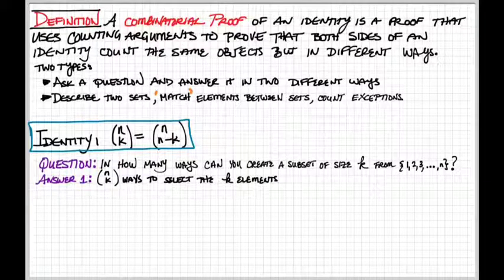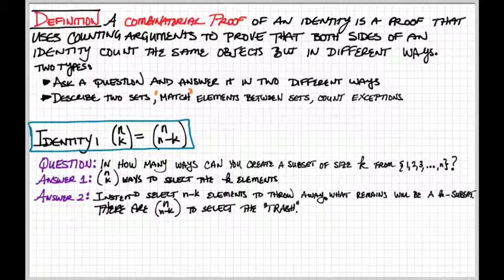Answer 2 we're going to do differently. This time, instead of choosing the objects to be in the set from the set 1 through n, we're going to choose the objects to throw away from the set. So instead, select n minus k objects to throw away.